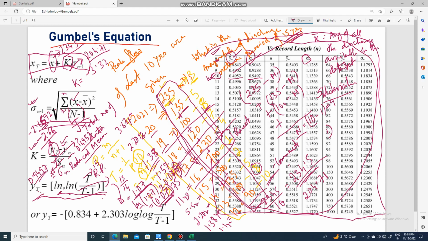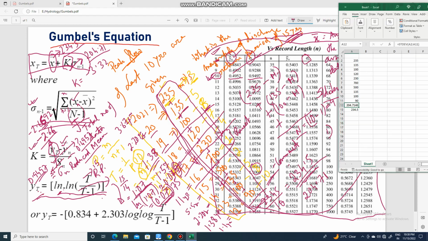Okay, so you see what will happen here ultimately. You see now k is minus 3.32, correct? So let us use Excel here for ease of understanding. So let us say what is the mean of x? 234.5, correct?